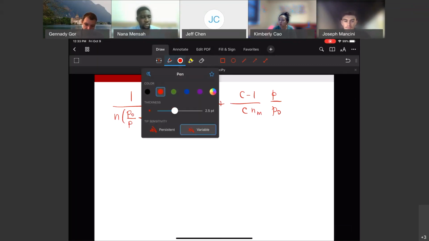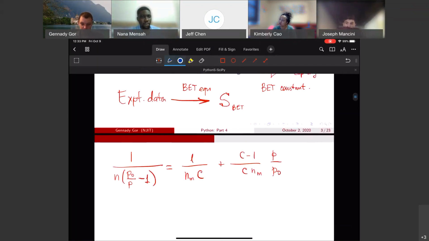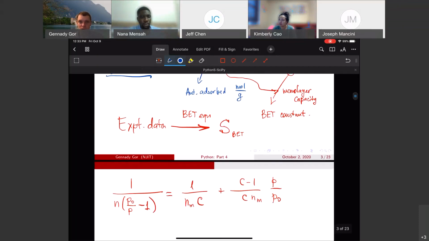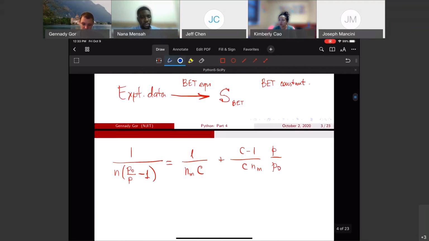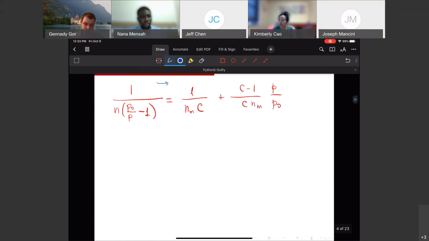I'm skipping the details. I will ask you, in fact, to make sure you can get from the original BET equation to this equation. Derive it. Not now. You'll have time for it.